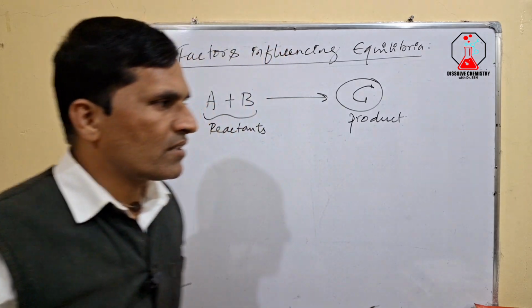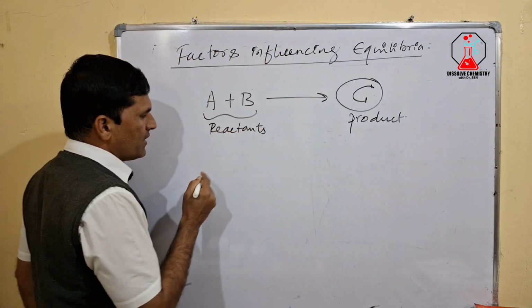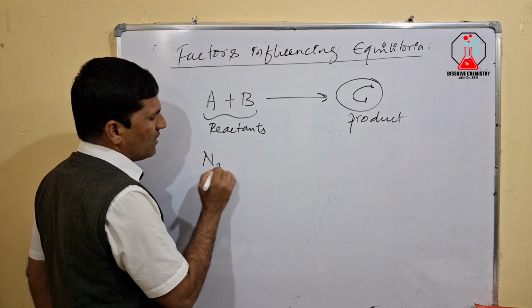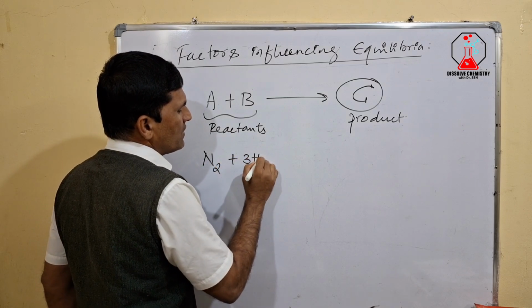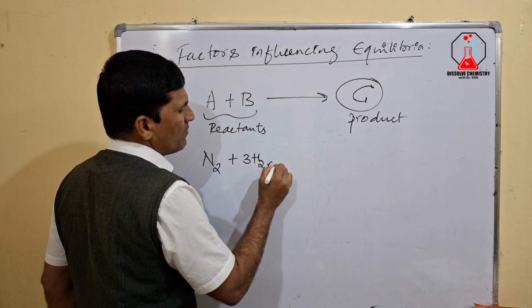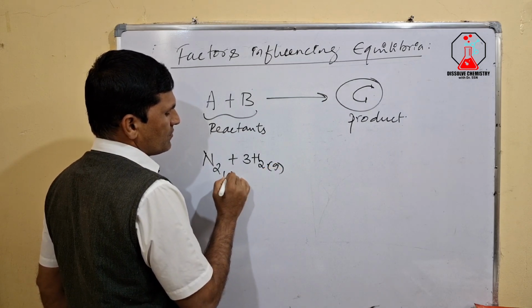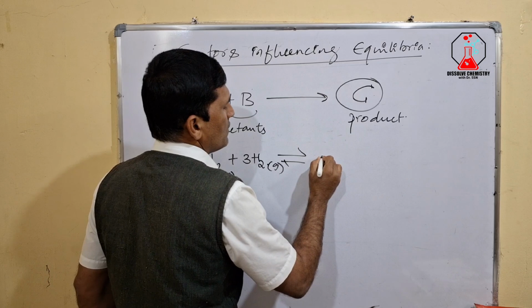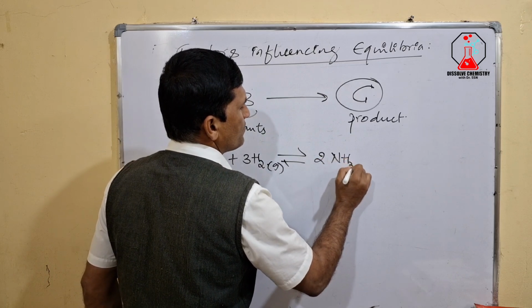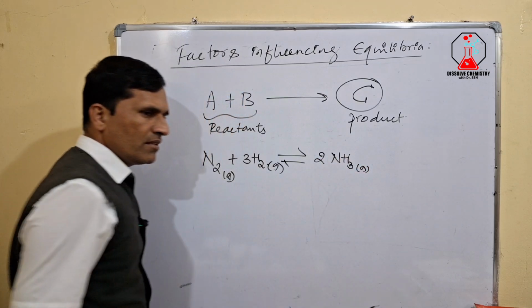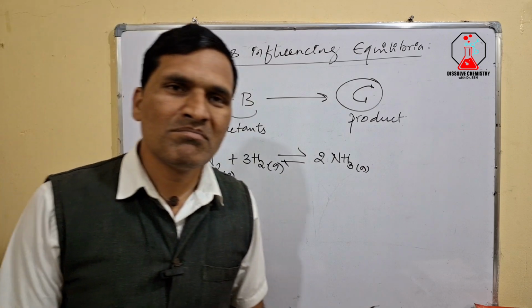Take a very important, industrially important reaction, for example, N2 combining with H2 to form ammonia by Haber's process. It occurs reversibly and attains an equilibrium.